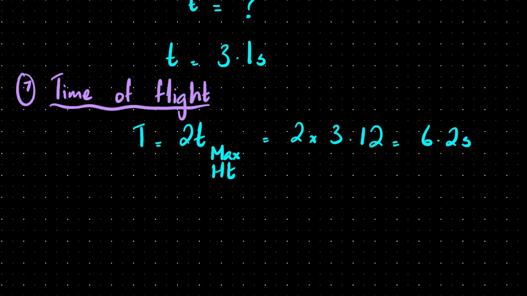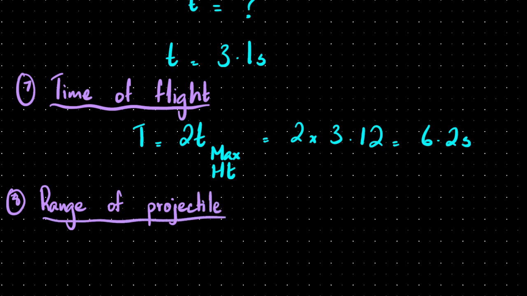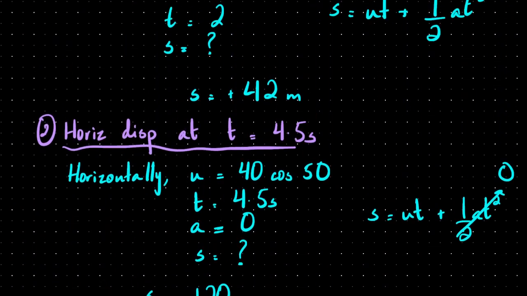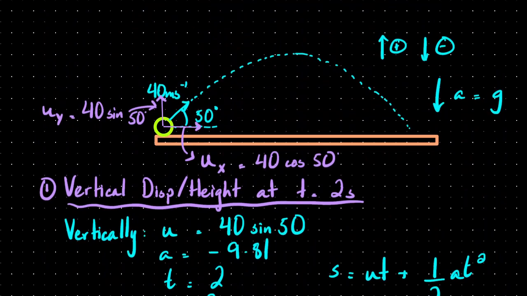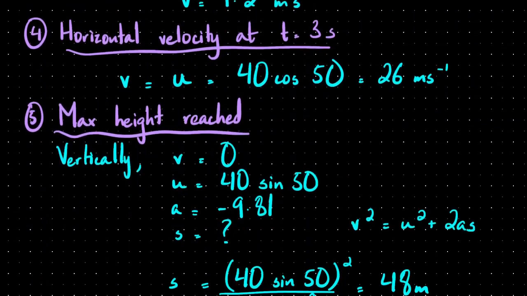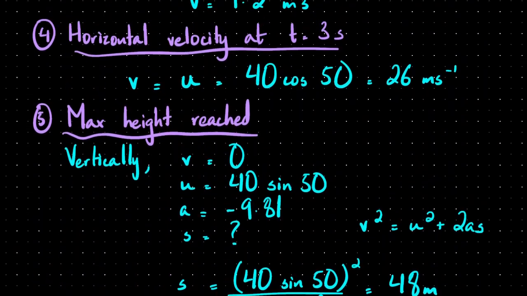Eighth part, which is the range of the projectile. Just as how we talked about the maximum height, which is the greatest distance that it goes up from the position where it started out from, the range refers to all of this distance, all of this, right? So for this we can just go ahead and use again the equation that we used above.